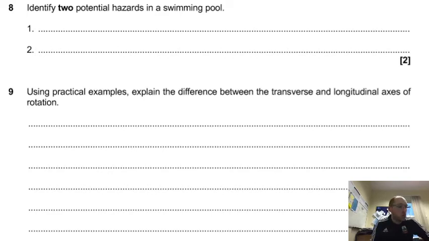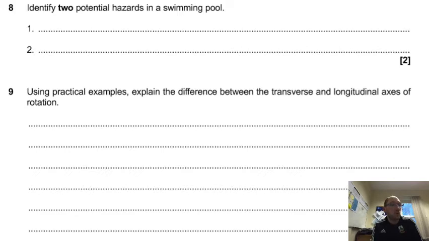Number 9, using practical examples, explain the difference between the transverse and longitudinal axis of rotation. So, the examiner's report. This question requires candidates to describe the position of the transverse and longitudinal axis and give a practical example to show an understanding of a movement around each axis.